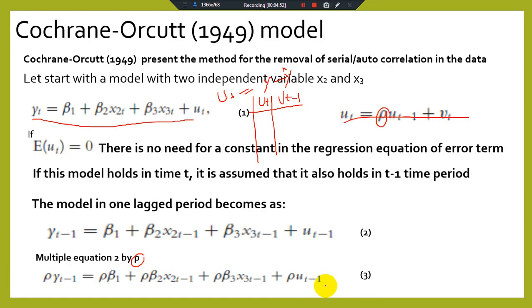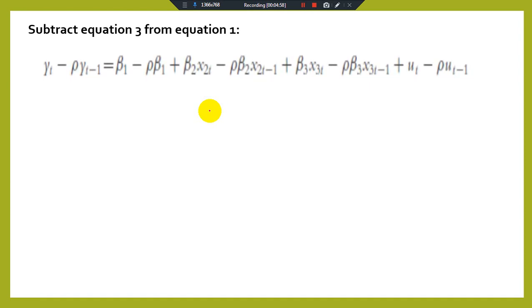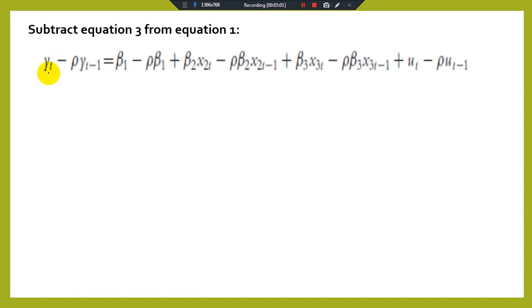Now subtract equation 3 from equation 1. We get yt minus rho yt minus 1, and so we get the whole equation like that. This is our equation 4.